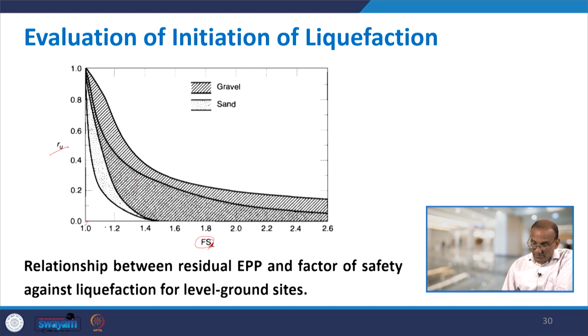When Fs is almost 1, you get Ru equal to 1, but as the factor of safety increases from 1 to 2.6, the value of Ru decreases. Even when the factor of safety is 1.2, which is more than 1, if I draw and connect it here, the value of Ru is roughly 0.2, that is 20%. So, even if your factor of safety is greater than 1, that does not mean pore pressure will not develop; it may still develop, and it can be calculated from this.